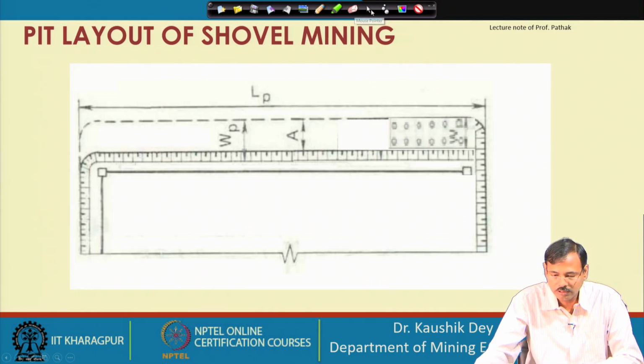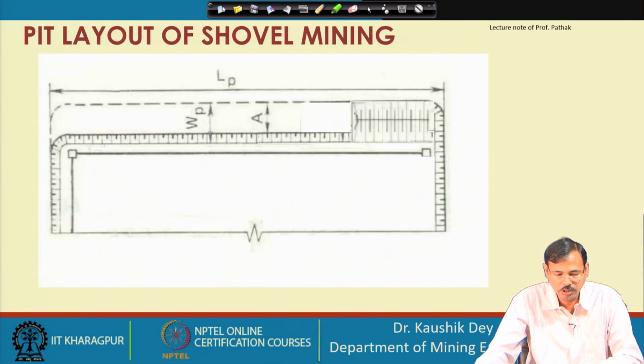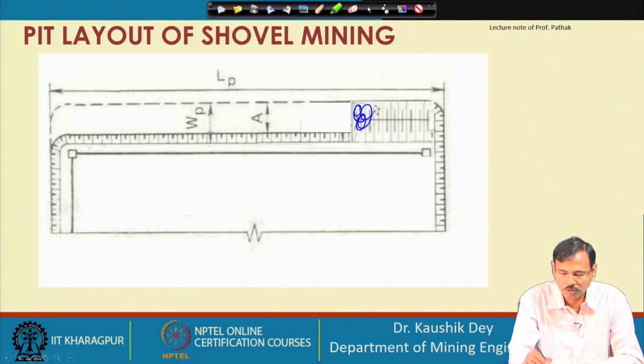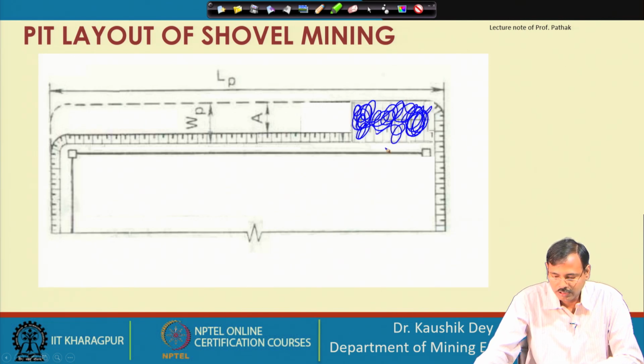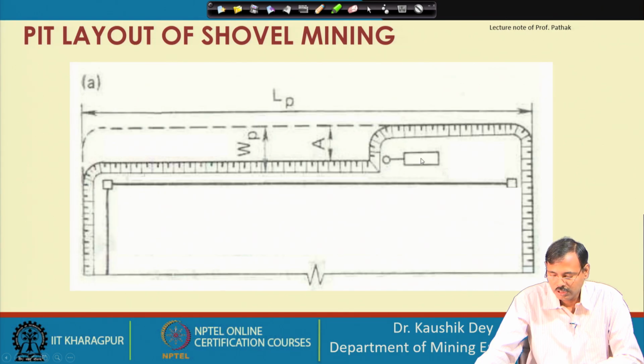After drilling, we have blasted this one. This is basically the blasted rock mass. It is actually shown as the ramp, but this is the blasted rock mass. After blasting, we have deployed our excavator to take that material.